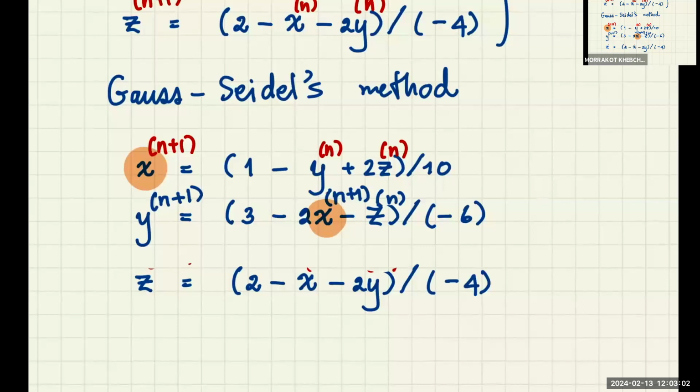You take advantage of this. So now you get x and y. Once you get x and y here, you come to this one: x, you get the new value, use it. How about y? Do you get the new value? You use it. And then you will get the new z. It makes sense, right? Whatever is finished, you use it.